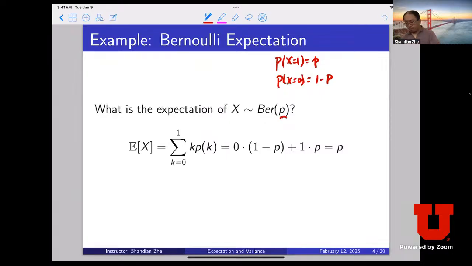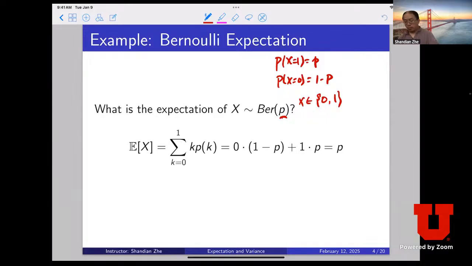So now, let us see how we're going to compute the expectation. We know that the range of X is 0 and 1. So we take the expectation as we defined it: we compute a weighted average of those two values that X can take. The weight is the probability the random variable takes that value.